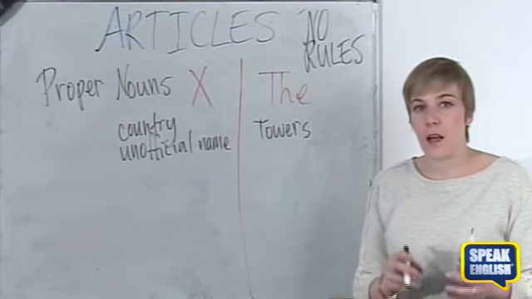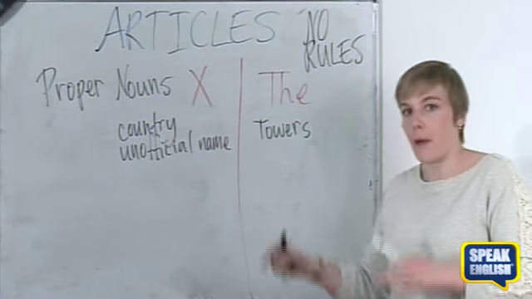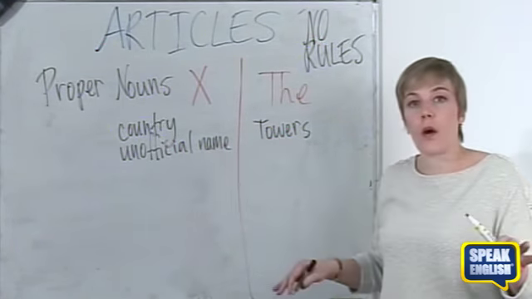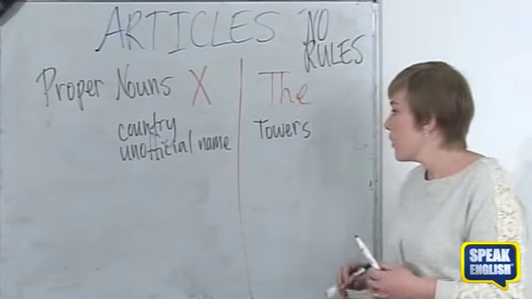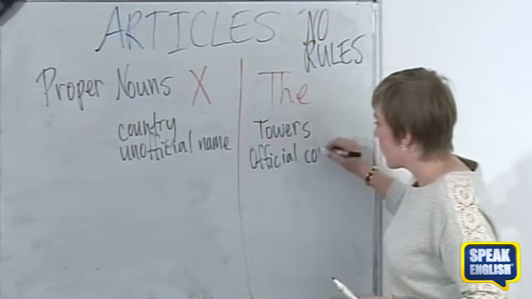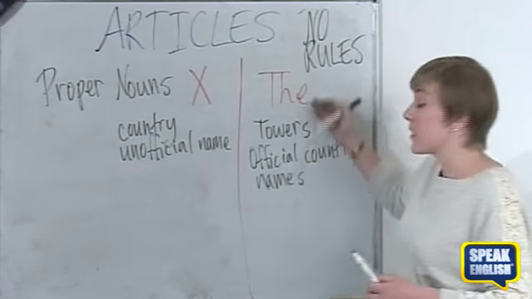But I can say, I am from the United States of America. Same for Turkey. I am from Turkey or I am from the Republic of Turkey. So, for official country names, we use the.